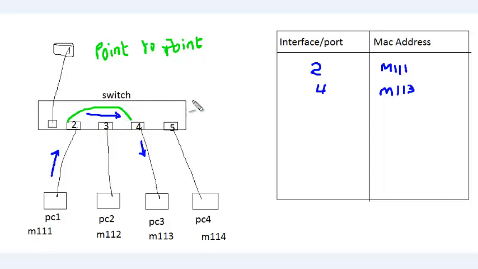Sometimes some people refer to a point-to-point connection as a connection to the server, when the server is directly connected to the switch and the PC communicates directly with the server.